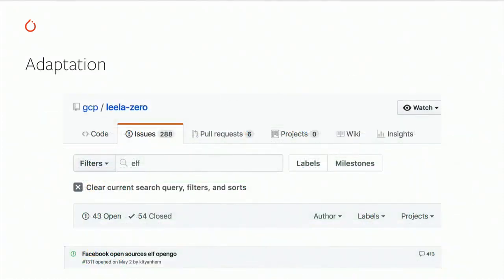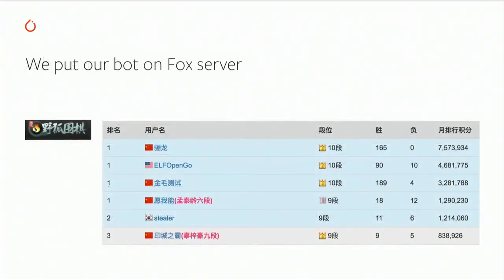We also received a lot of attention from other people who work on the same or similar projects. We also put our bots on the Fox server, which is a very famous server on the Chinese forum. A lot of professional players from China, Korea, and Japan are playing games against other people, as well as against the bots. And our ELF OpenGo actually received a lot of attention.